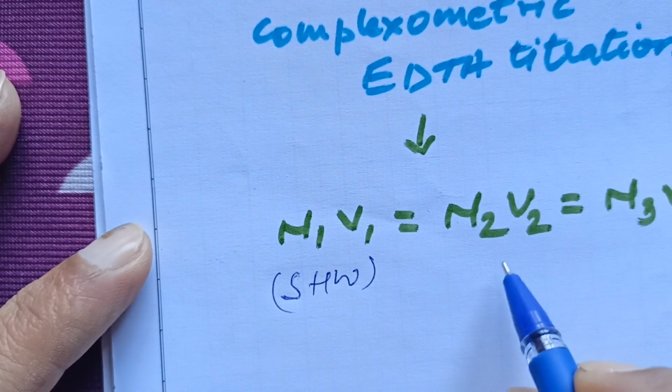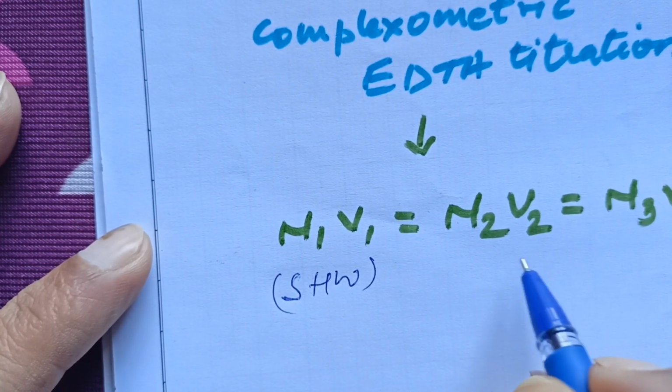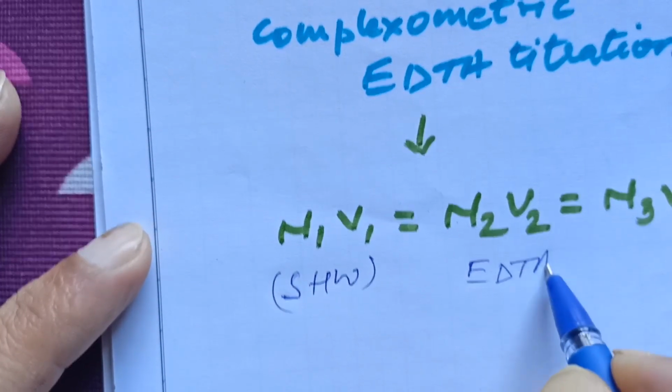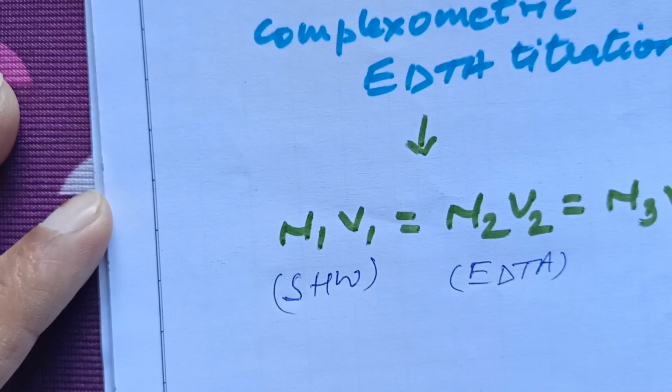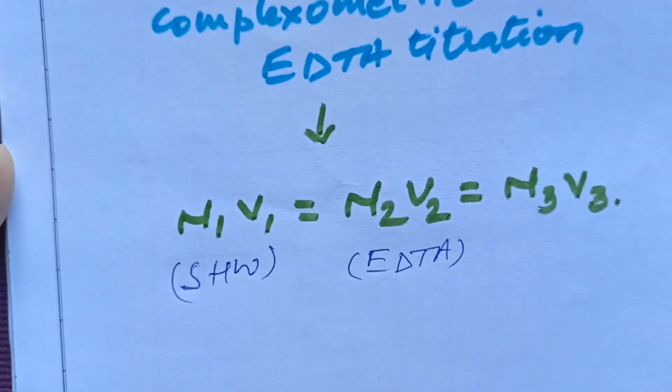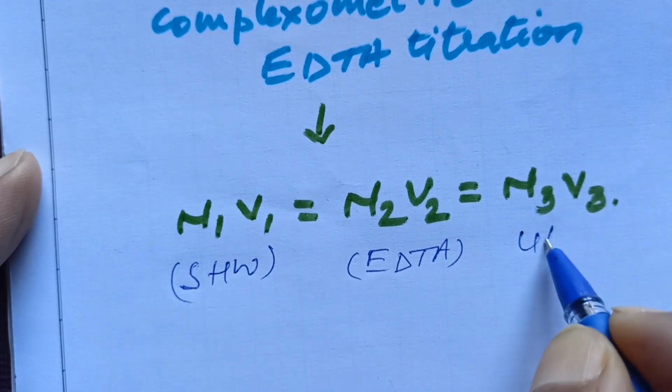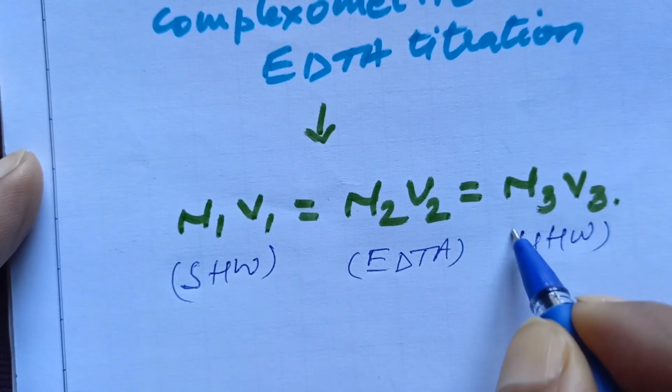N2V2 stands for the EDTA solution, and N3V3 stands for the unknown hard water sample.